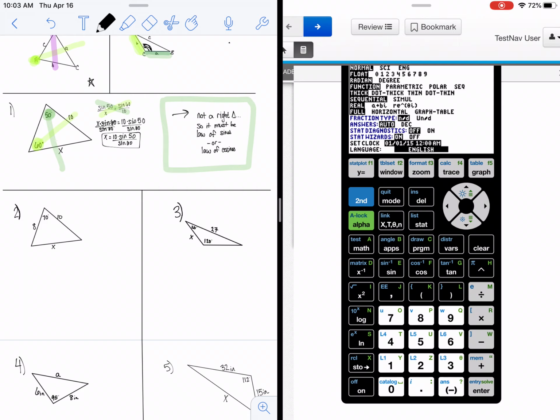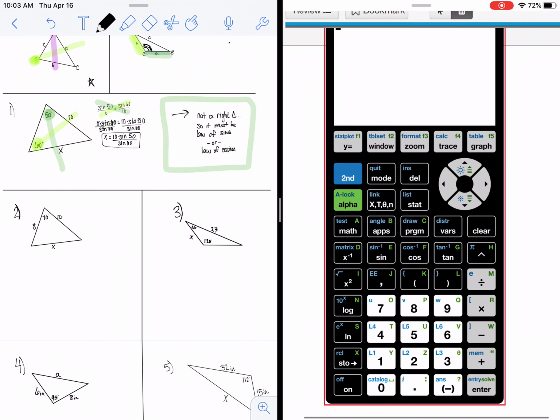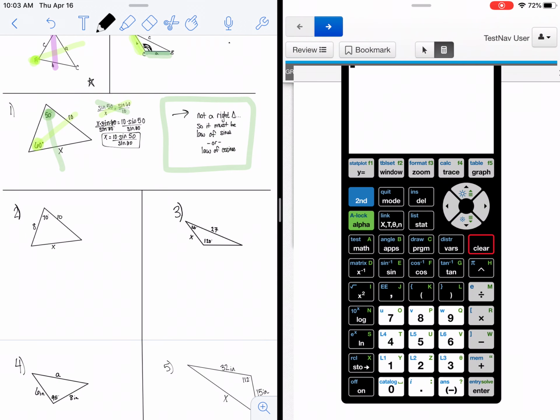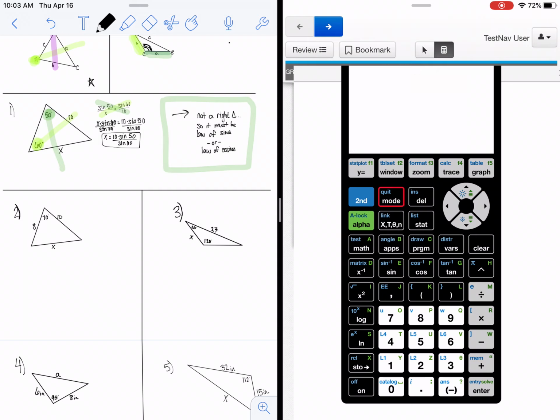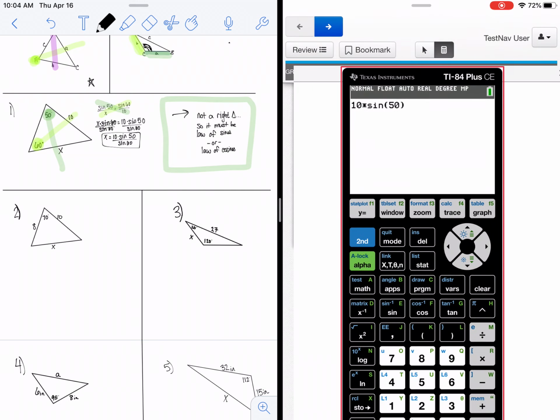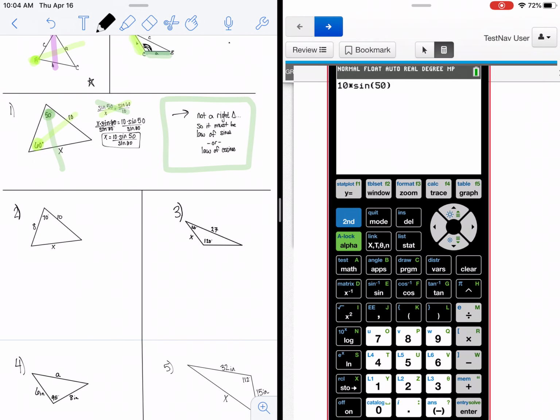The first thing I need to do before I use this calculator is to make sure that it's in the right mode. So I want to click on my mode here and put it in degree mode. And then I'm going to hit second and then mode again to quit out of it. Then I'm going to type in 10 times the sine of 50, and then just divided by the sine of 60.